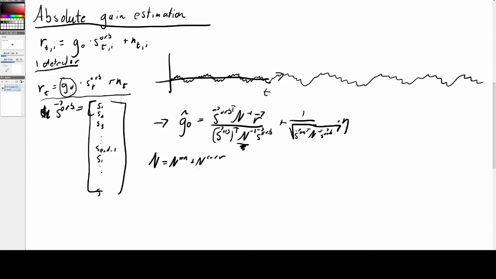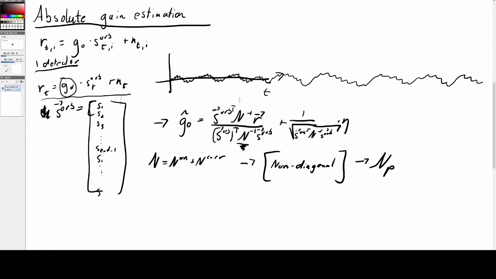But that was in the case of a non-diagonal matrix, and this is in the case of a single PID. So let us call that N_P. So for a given PID index P, we have a non-diagonal matrix.